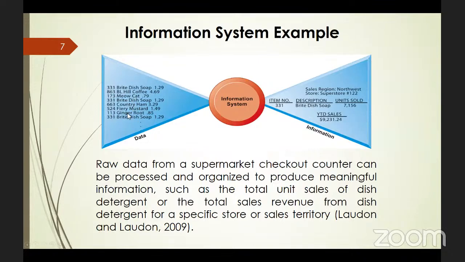As to whether this is just one transaction or over the day, I don't know. And on this side, you see it's information. For those who don't know what these terms are, this is year-to-date sales. This is the unit sales of the soap dish over here. And it was done in the Northwest in a superstore. This is obviously a big chain, number 122. And this is item 331.